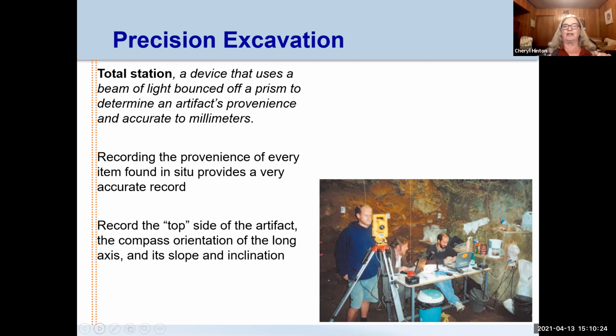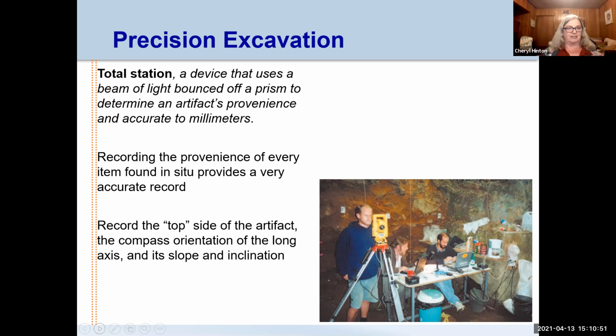So recording the provenience of every item that they found in situ provides a really accurate record for this particular site, or for any site that uses this. In recording it, we record the top side of the artifact and the compass orientation of the long side of it. And then we can see its slope and its inclination. It's really very sophisticated. So we have some sophisticated methods like the total station.